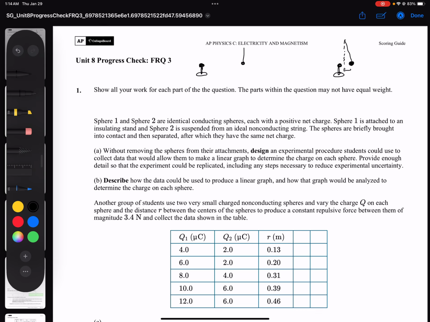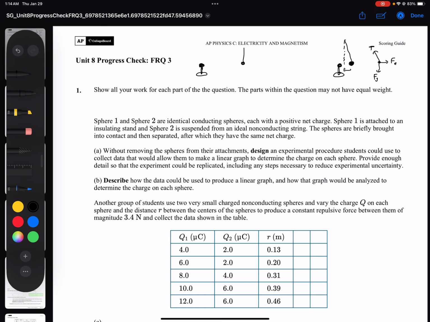Then with some trig, I can figure out the angle, and then figure out the electrostatic force by looking at a free body diagram. In the free body diagram, I have some tension going up in this direction, some electrostatic force here, and then the weight of sphere 2.